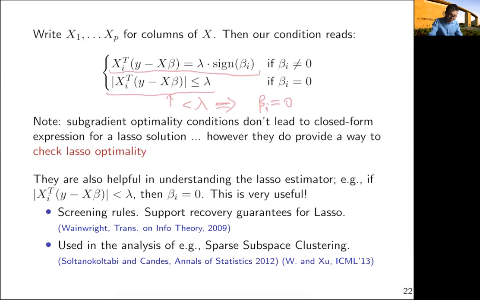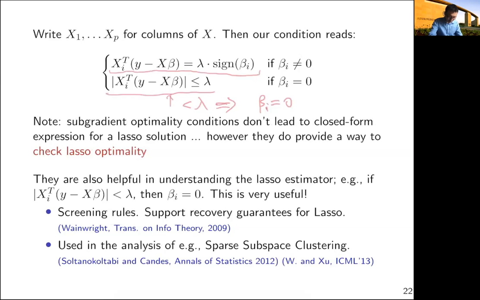That allows us to sometimes prove that certain coordinates of the solution need to be 0 even before solving the optimization problem, and that's used a lot in sparse recovery techniques such as lasso in compressive sensing, and in fancier constructs such as sparse subspace clustering, where we wanted to do dimension reduction and clustering at the same time.